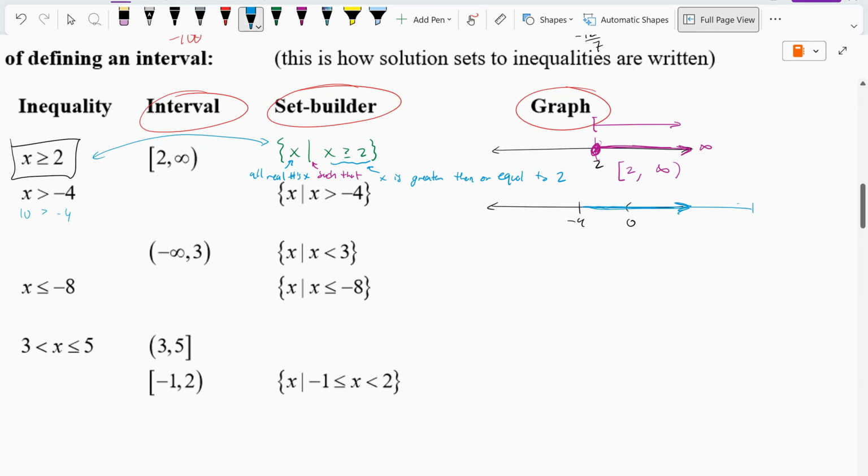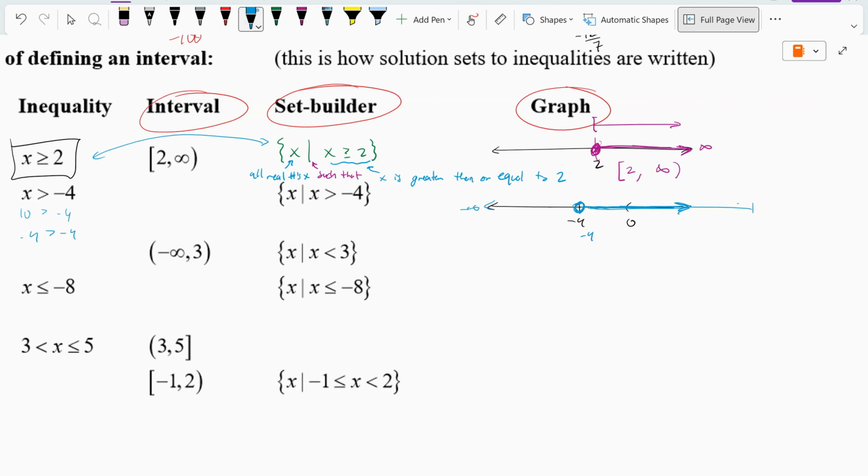All right, is -4 a solution? Is -4 greater than -4? No, so we use an open circle for a strict inequality. There's no line under it. I call it a strict inequality. Okay, so in interval notation, what is my leftmost boundary? The smallest number. -4. Yeah, so -infinity is over here.